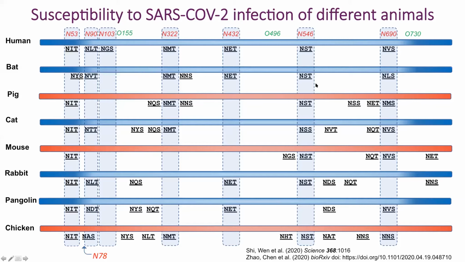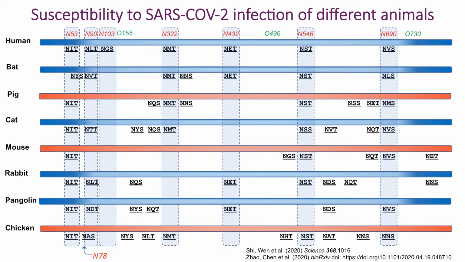So in this slide, what I'm trying to present is the human ACE2 sequence up there, with the glycosylation sites indicated from our glycosylation studies, and pointing out the O-glycosylations there also. The blue lines indicate the animals that are susceptible, and the red lines indicate the animals that are not susceptible.